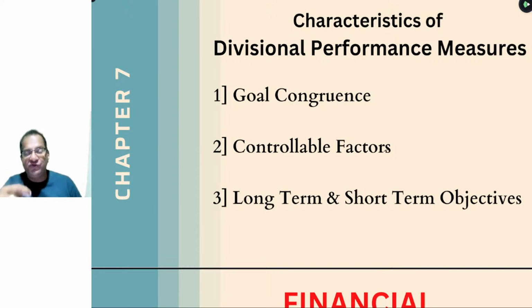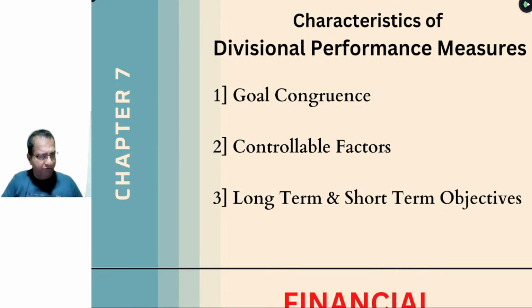Whenever you are measuring the performance of a department, consider only those transactions which are under the direct control of that particular department. So the second characteristic that a performance model should possess is the controllable factor.